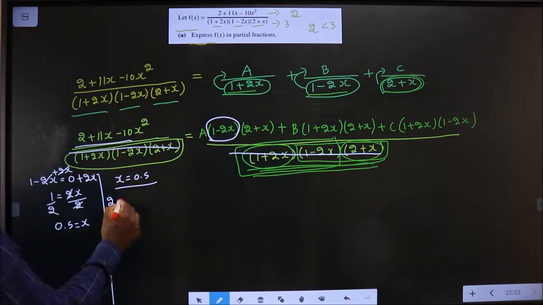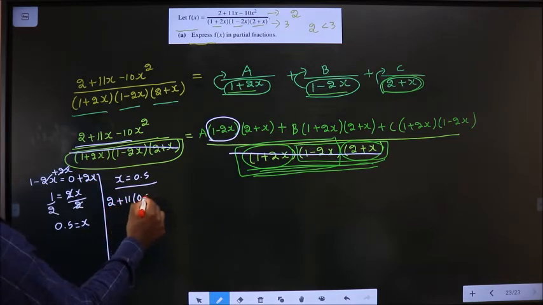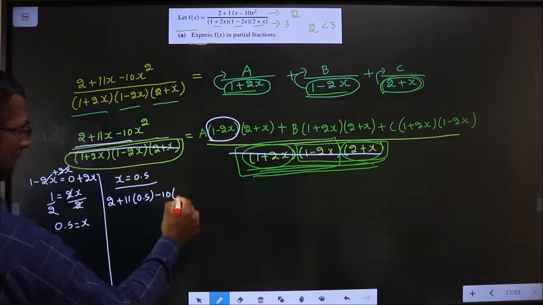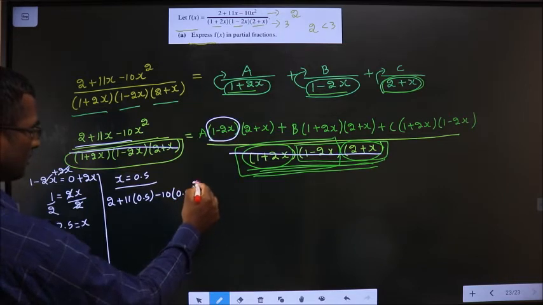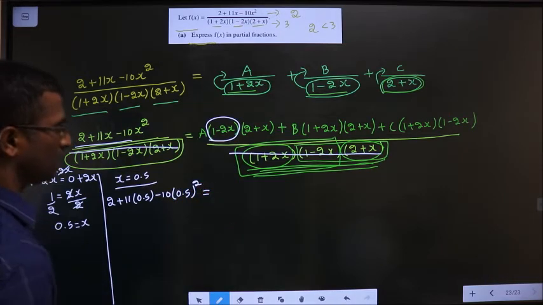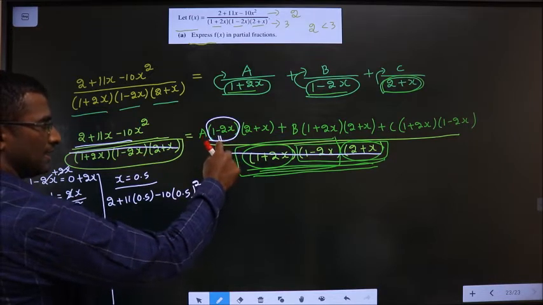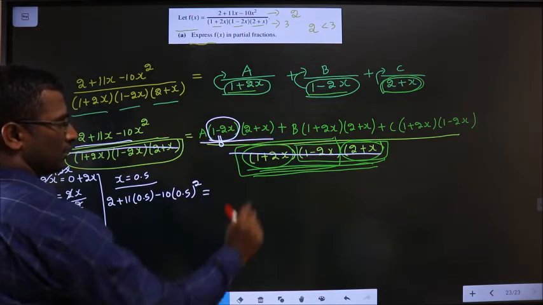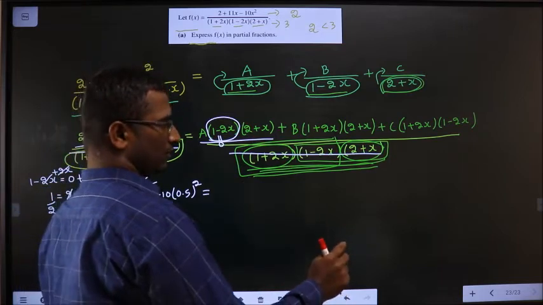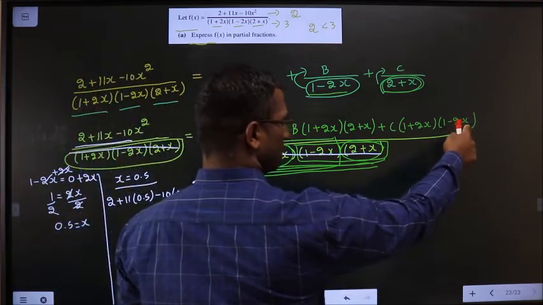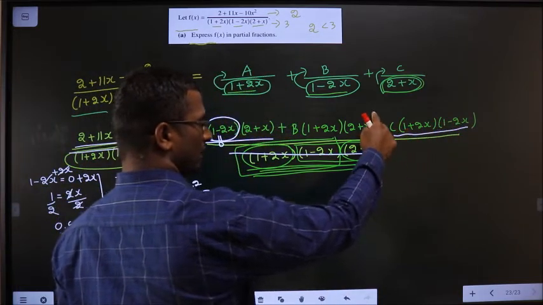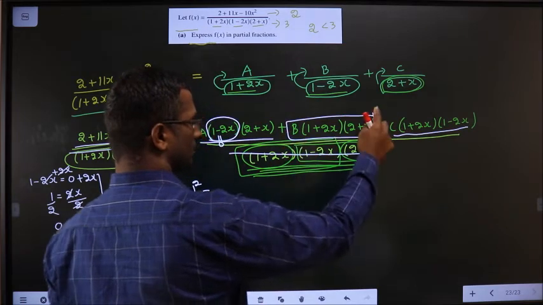So here I get 2 plus 11 times 0.5 minus 10 times 0.5 whole square is equal to, when x is 0.5, this is 0. 0 into anything, gone. Okay, here also this is 0, 0 into anything, gone. So I am left only with this.